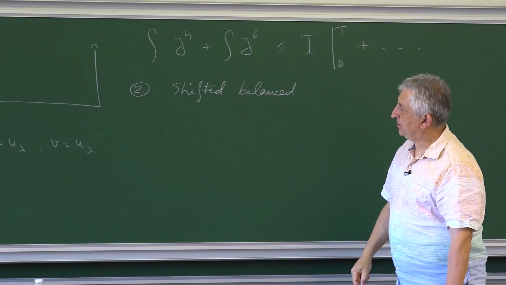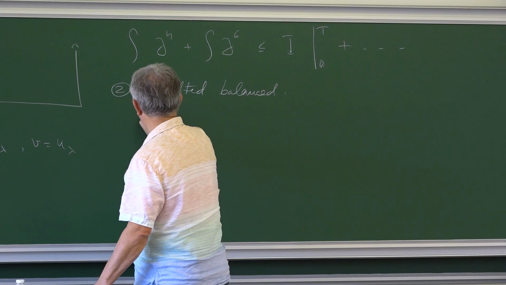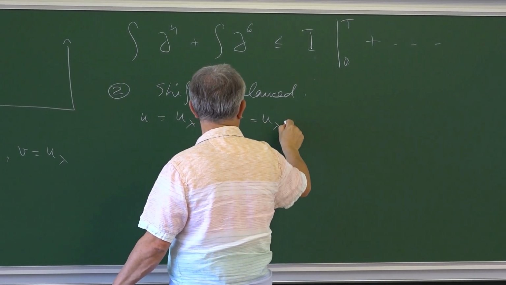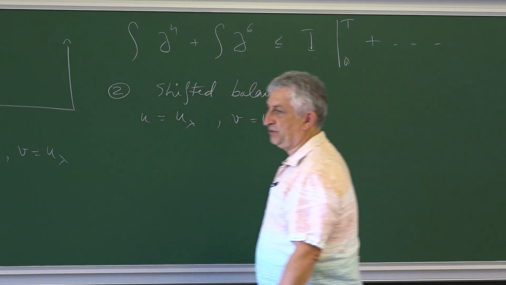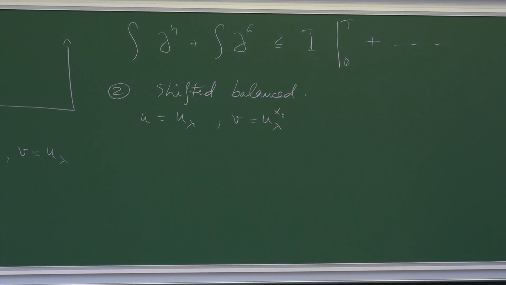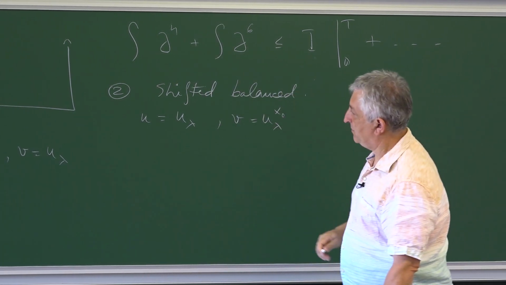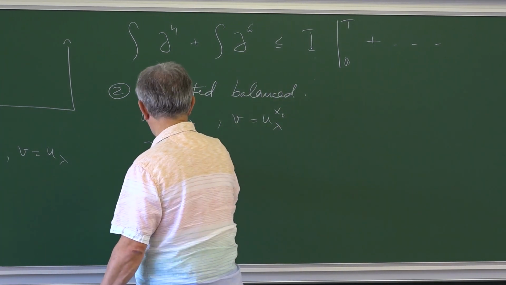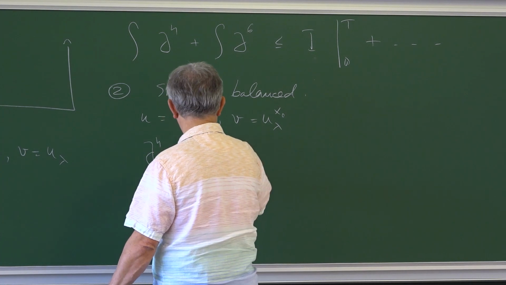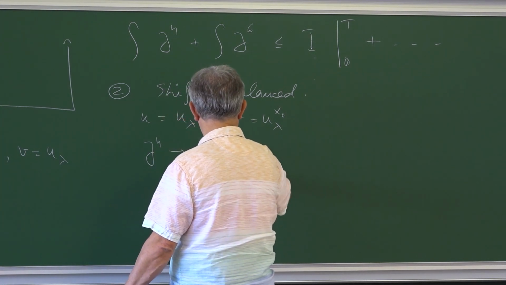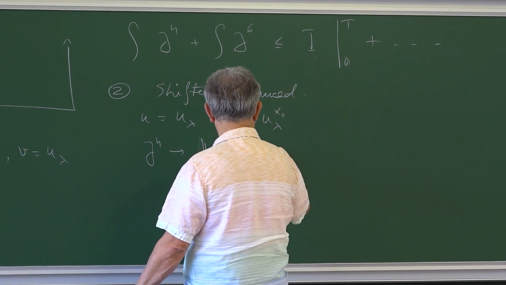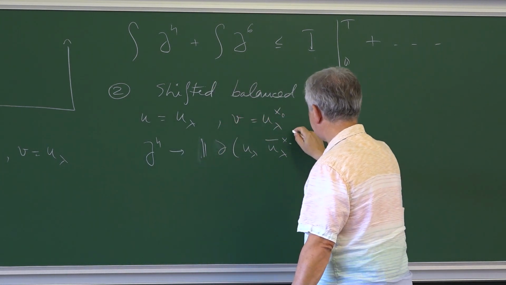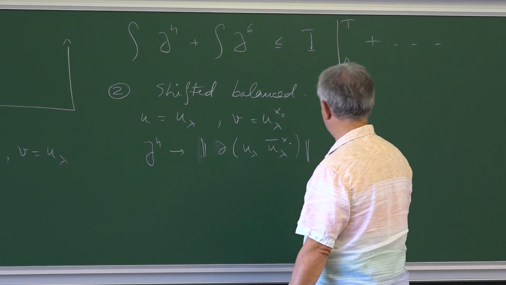Okay, so now our 2 entries u is equal to u lambda, but v is u lambda shifted by x naught. When we put these 2 guys inside of our Morawetz estimate, then our J4 will give us the same as in the linear case, norm of d u lambda bar x0 in L2.